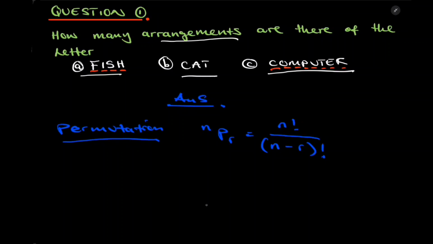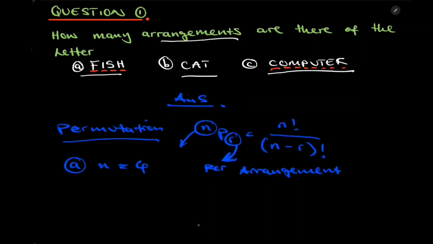If you are given a question like this one, we can arrive at the same answer by just saying n is the number of items present or given. So for question A, our n is 4. While r is the number of items that must be present per arrangement. So in each arrangement, how many items must be present? That's what is denoted as r. In this case, we want to arrange 4 items per arrangement.